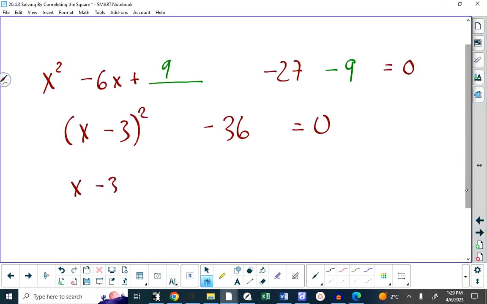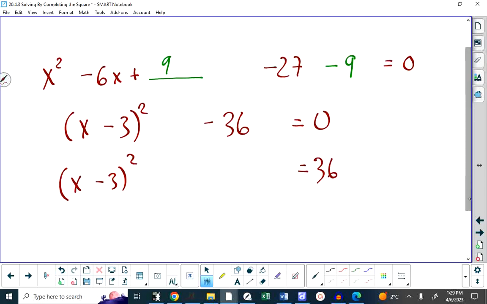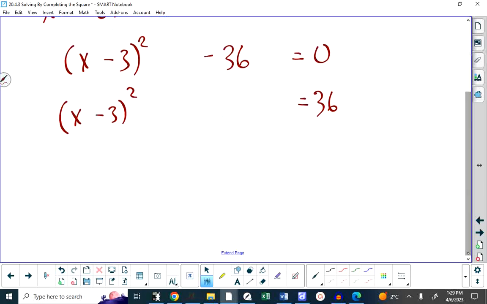x minus 3 quantity squared will equal 36. x minus 3 will equal plus or minus root 36. Hey, wait a minute. 36 is a perfect square.